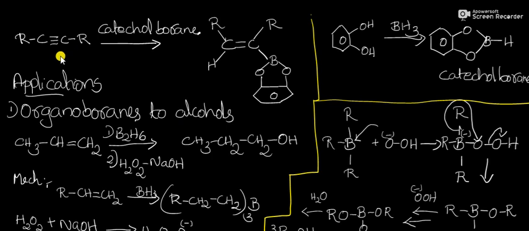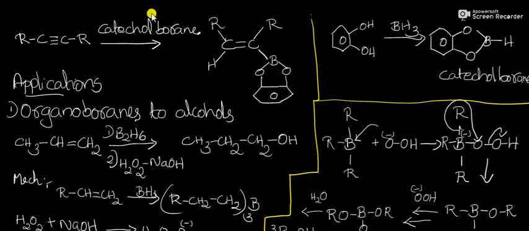Then in the case of alkynes, if you add catechol borane, what is catechol borane? How can you obtain catechol borane? If you add borane to this catechol, we get catechol borane. This is the structure of catechol borane, another sterically crowded borane.